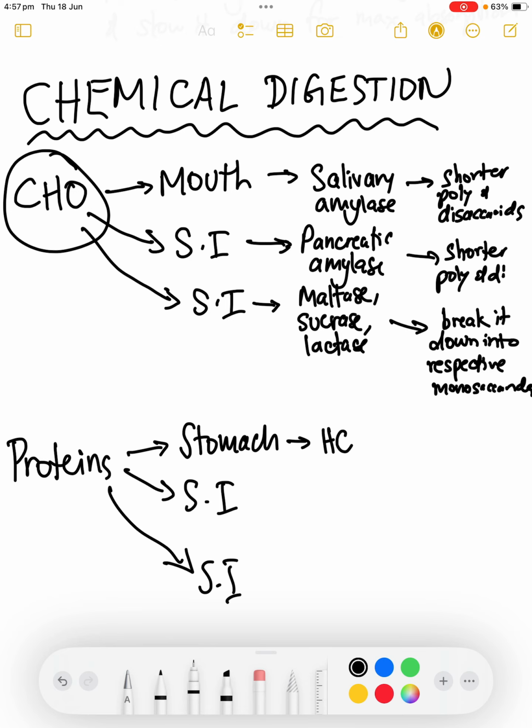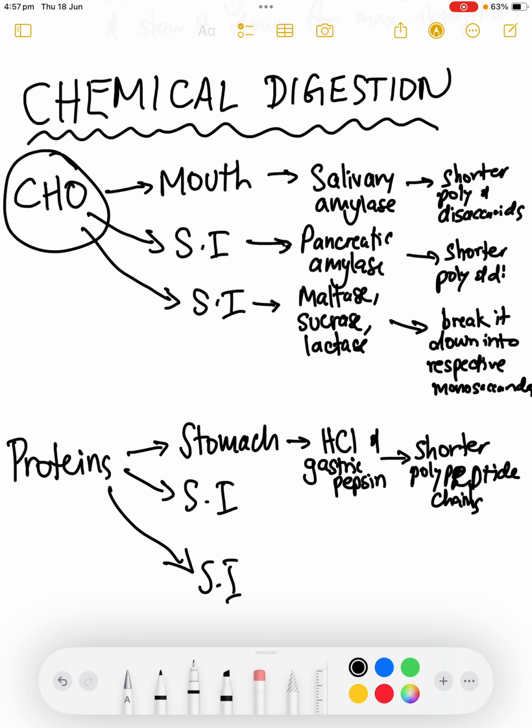The first one is HCl, hydrochloric acid, and gastric pepsin. All right, what's that forming? Well, those protein chains are getting formed into shorter peptide chains.